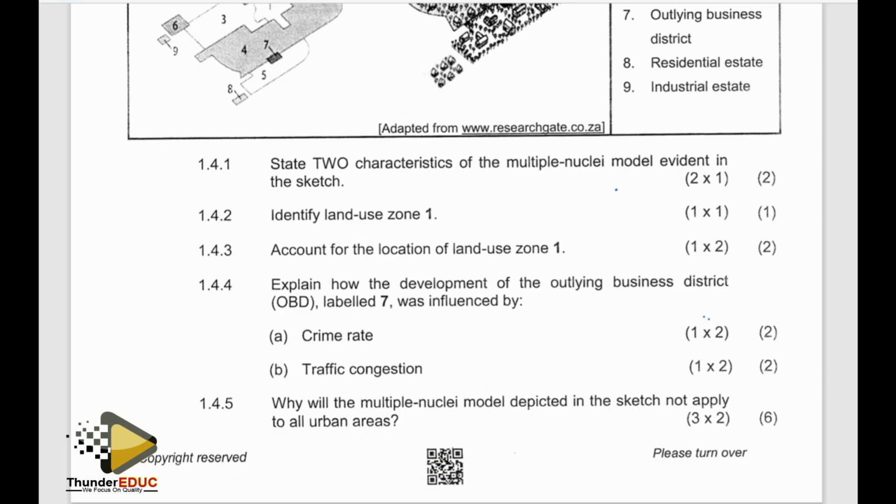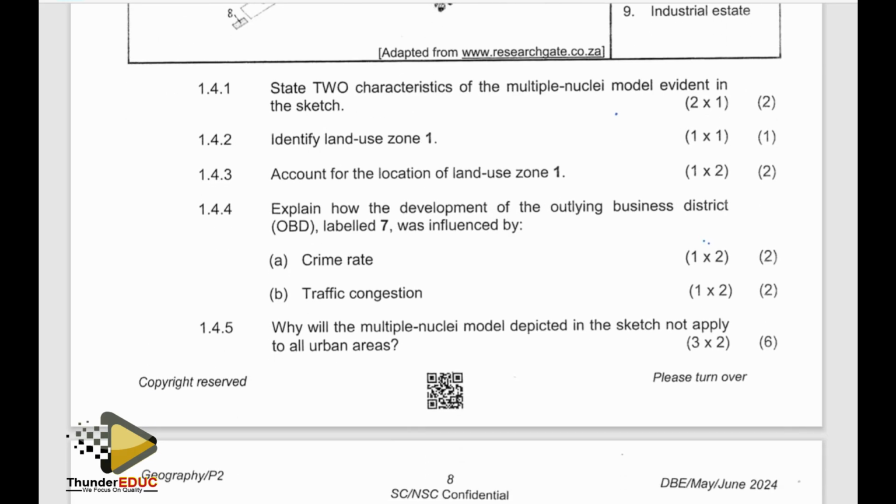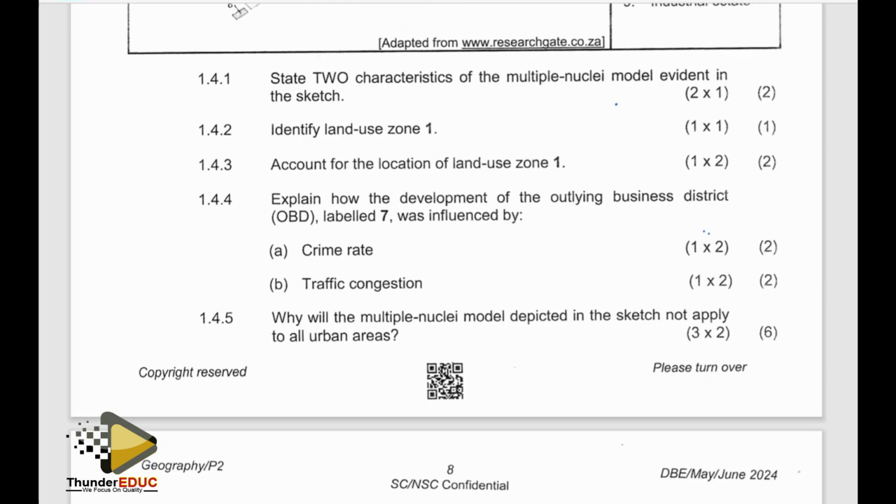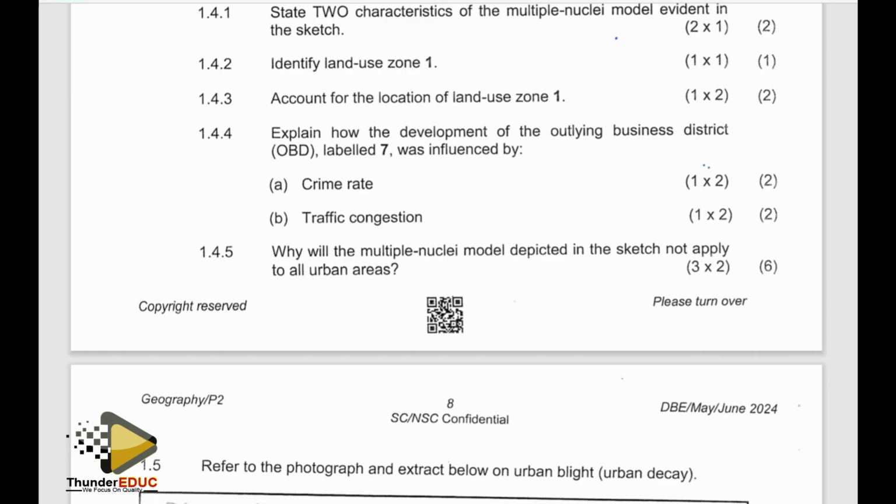Then you can also look at it: it cannot apply in all cities because it doesn't consider the historical background of the development of such cities. Like for example, a South African city. Remember, we have another model which is a South African city, which shows how cities in South Africa look.